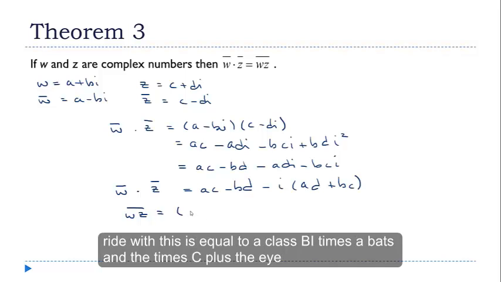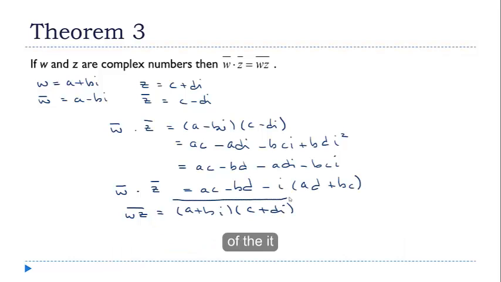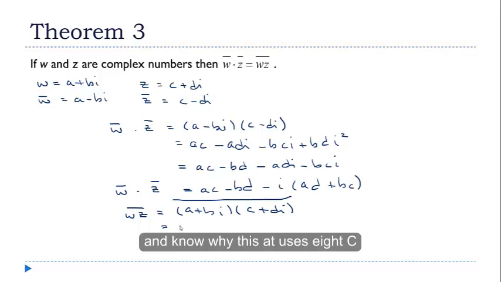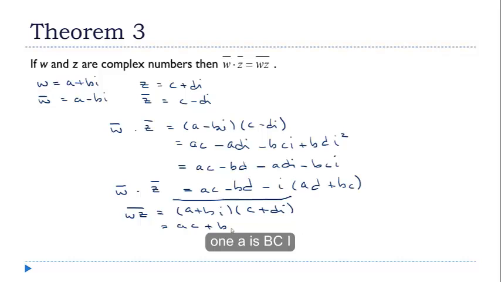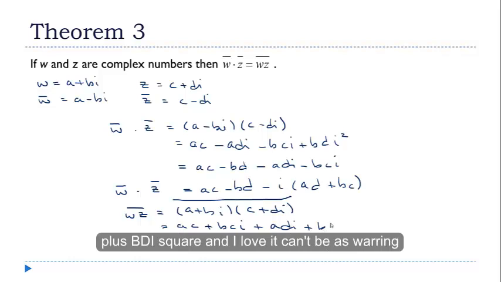Well, this is equal to A plus BI times C plus DI conjugate. I've got to multiply this out. This is AC plus BCI plus ADI plus BDI squared, and I want the conjugate of this whole thing.